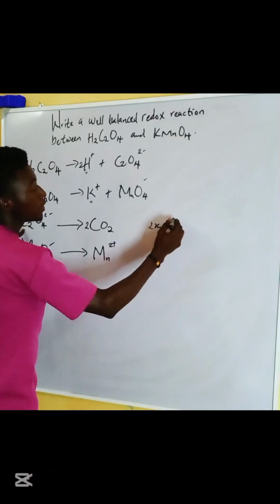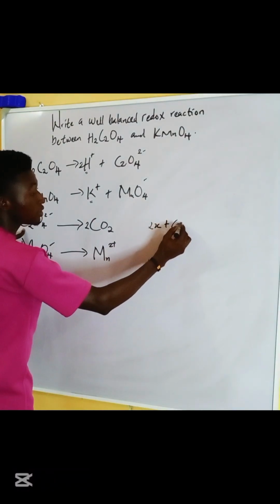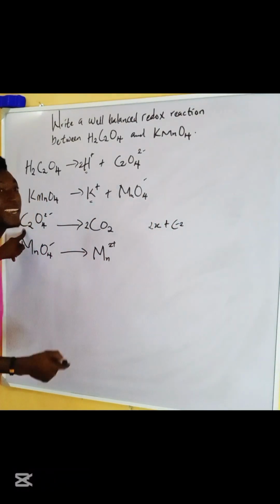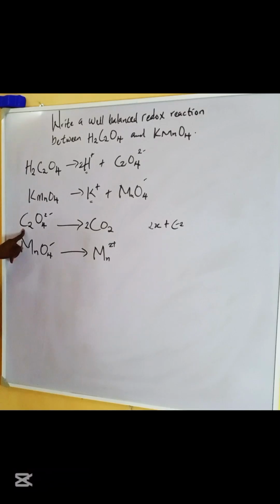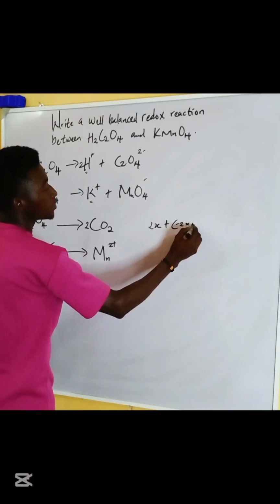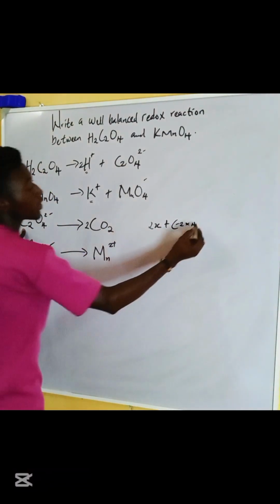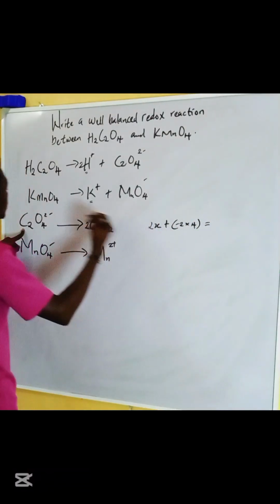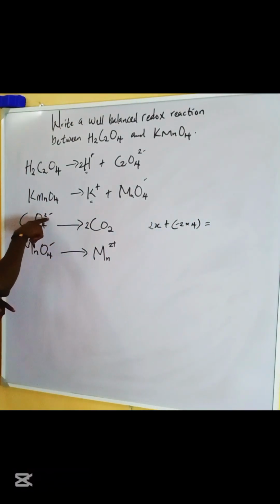The oxidation number of oxygen is minus 2 except in peroxide. So times 4 because there are 4 atoms here.